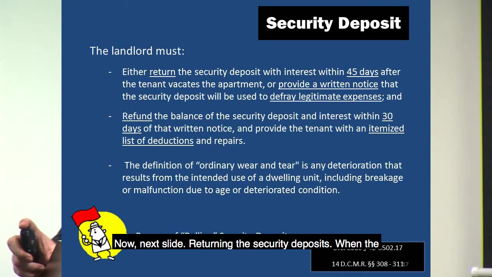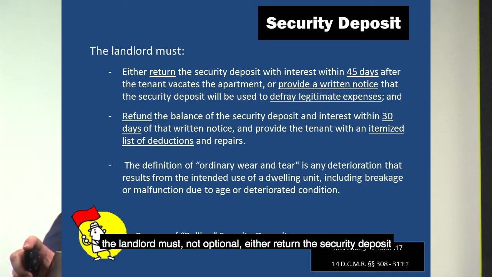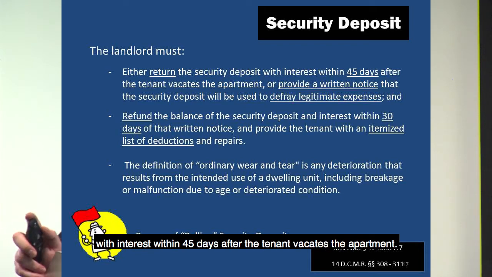Returning the security deposit. When the tenancy is terminated, regardless of who terminates it, the landlord must, not optional, either return the security deposit with interest within 45 days after the tenant vacates the apartment.